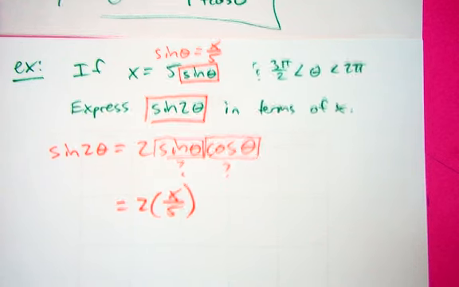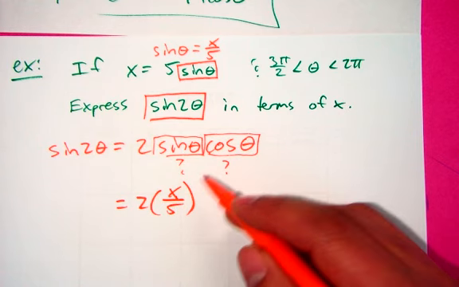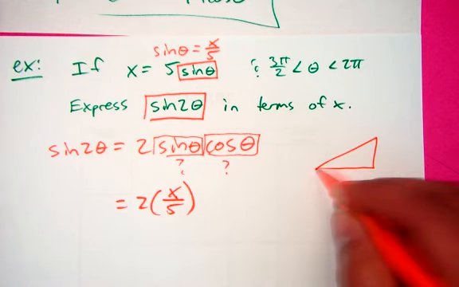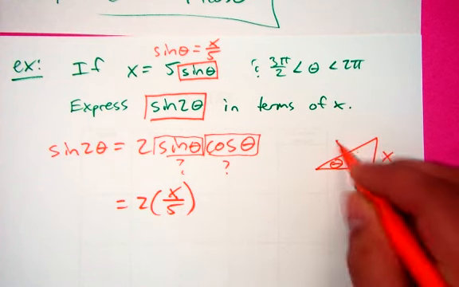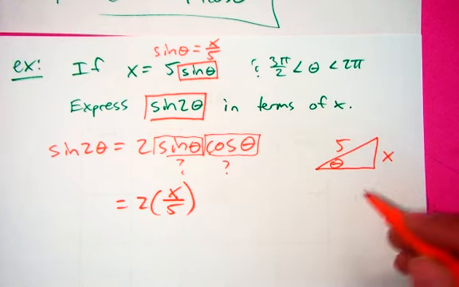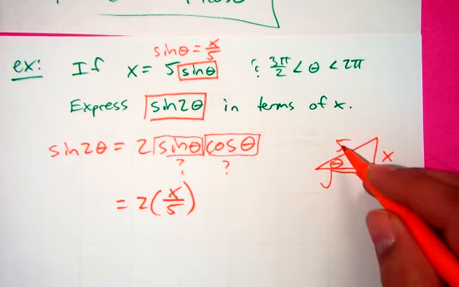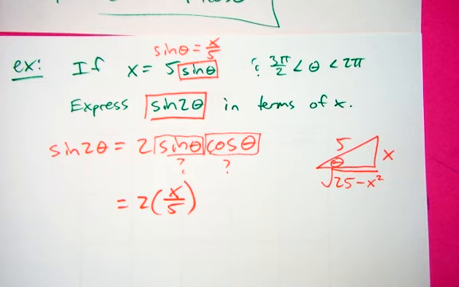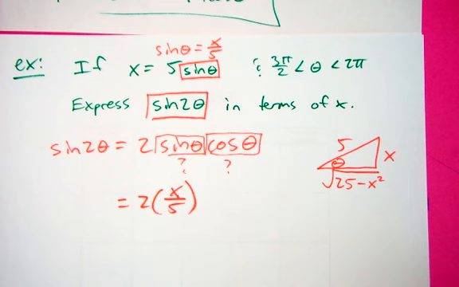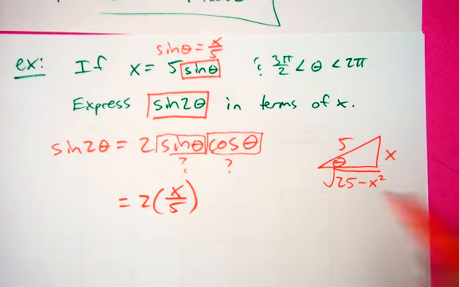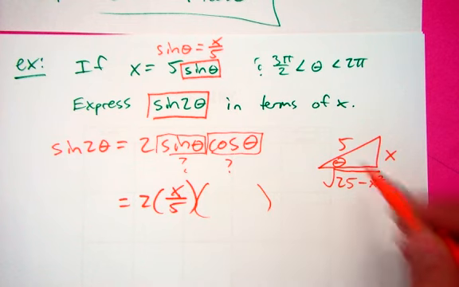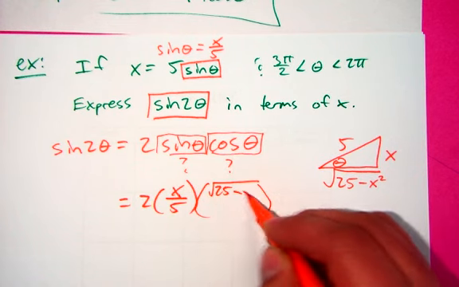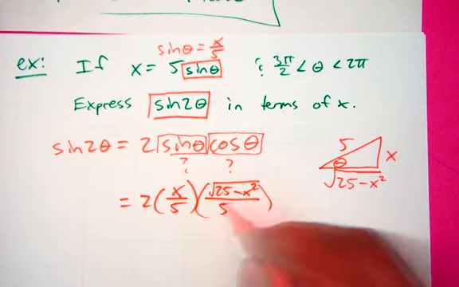Now, to figure out cosine theta, I could use the fact that sine is x over 5 using a right triangle to figure out the adjacent side, which would be the square root of hypotenuse squared minus other leg squared. So now cosine would be adjacent over hypotenuse, so root of 25 minus x squared over 5.